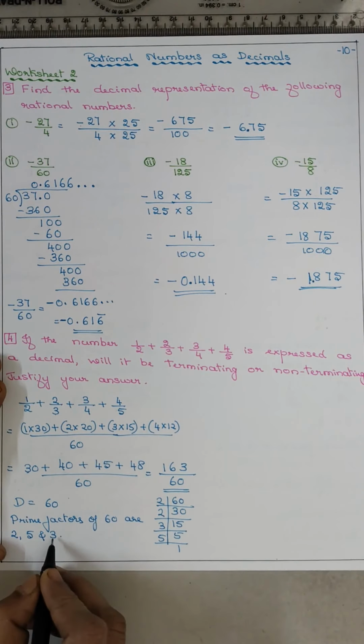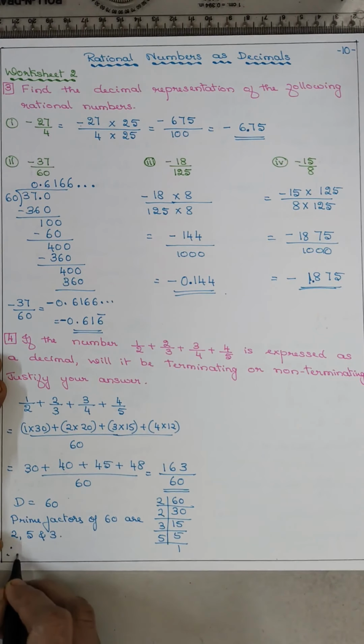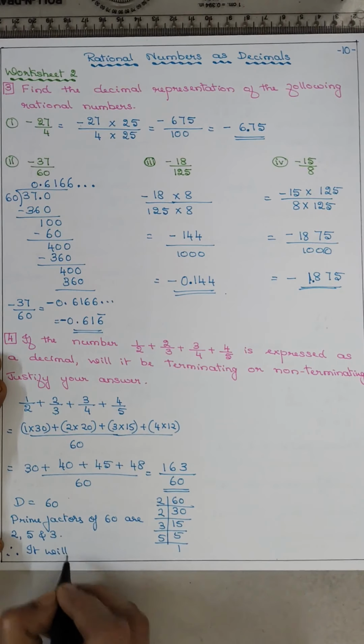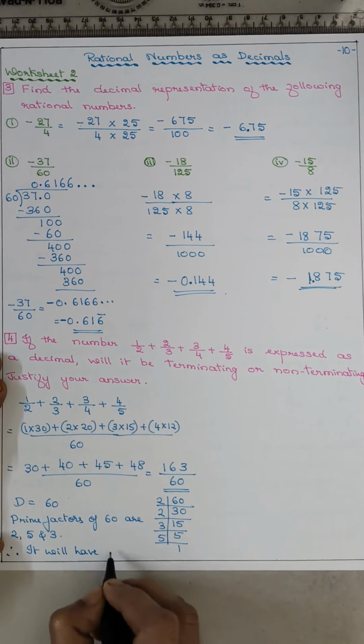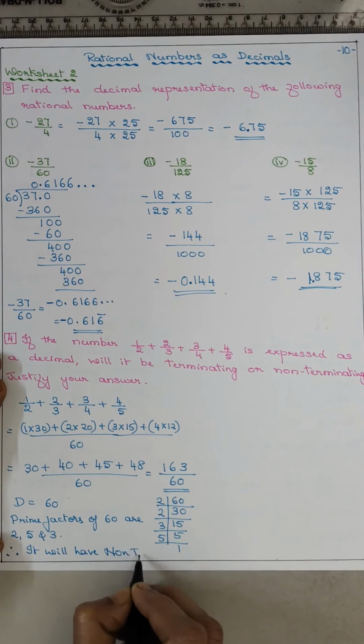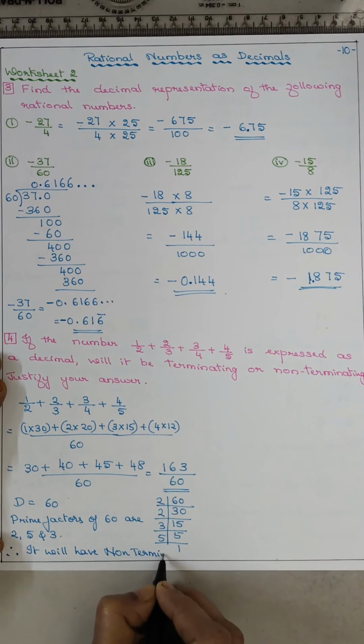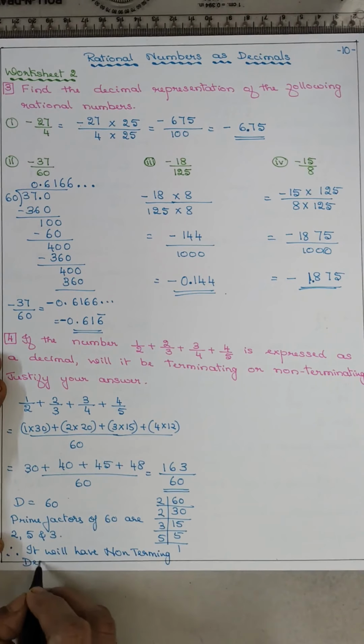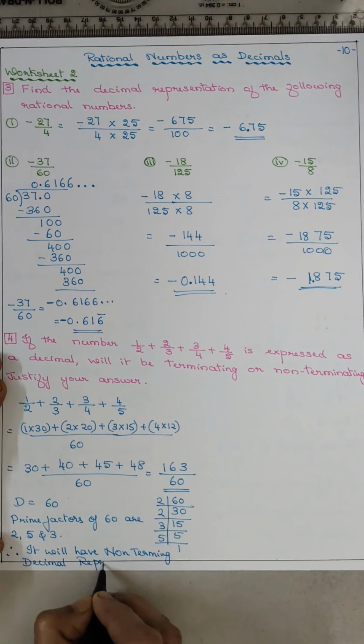That means the extra 3 is also there. Therefore, it will have a non-terminating decimal representation.